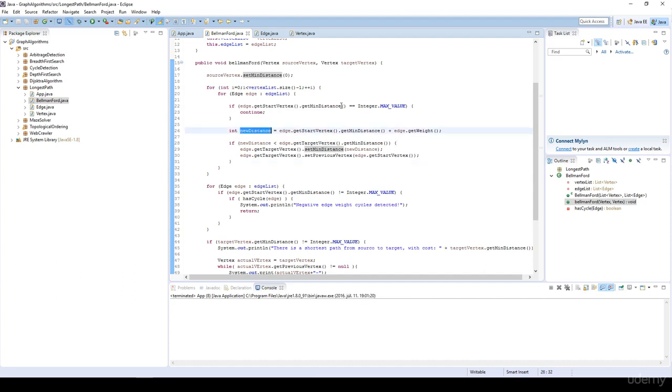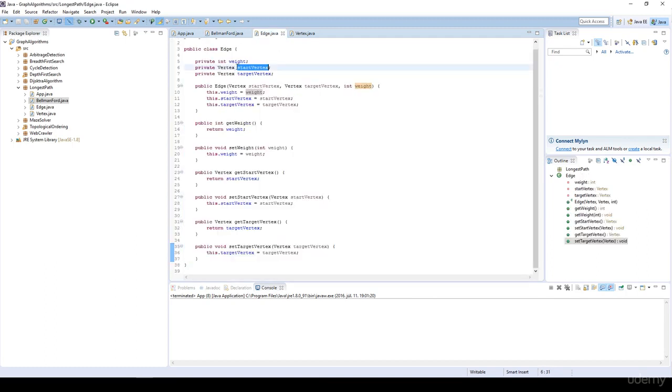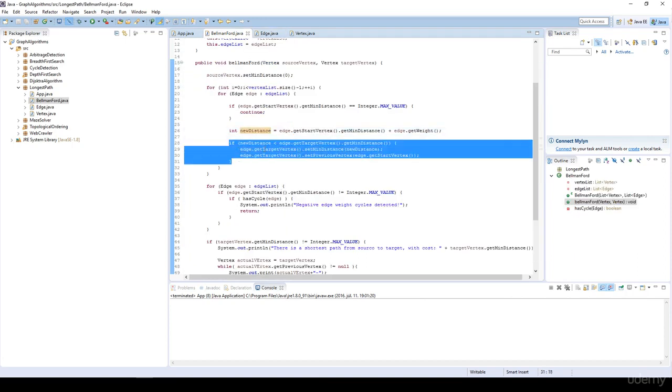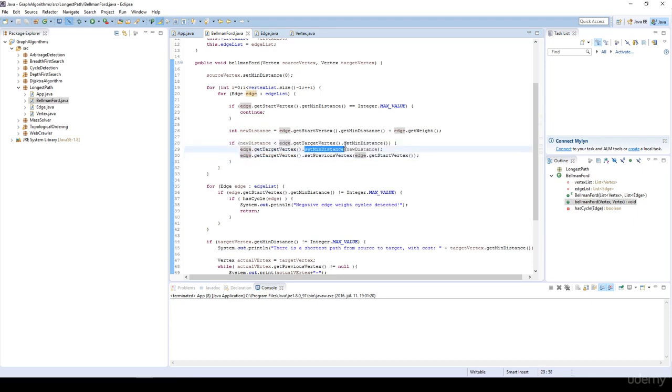We have the new distance, which is the get start vertex get min distance, plus the edge get weight. So as you can see here, we need this get start vertex. So okay, don't remove it from here. And of course if there's a shorter path, then of course we have to update. So this is basically how we relax the edges. We set the min distance to the new distance and we update the previous vertex or the so-called predecessor.